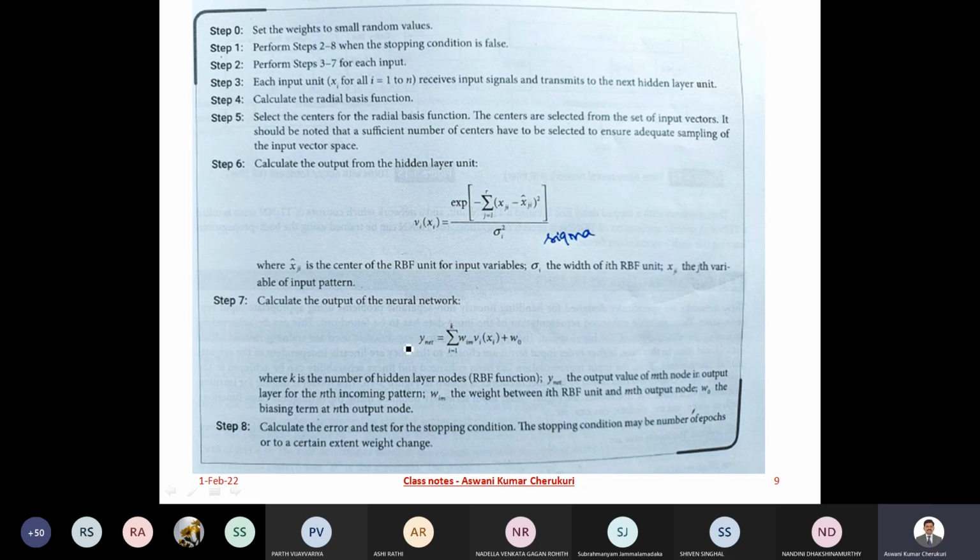The input to the output nodes is the output from the hidden nodes multiplied by the connection weights, and remember that W naught is the bias term at the output nodes. So you verify the error and test the stopping condition, and of course the learning happens via your delta rule.